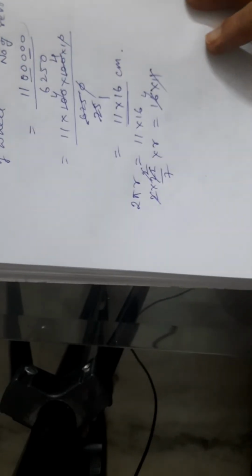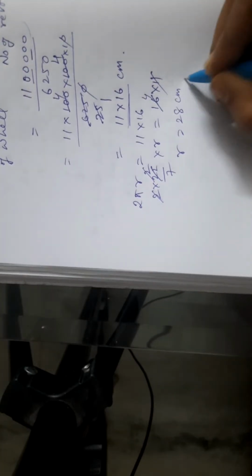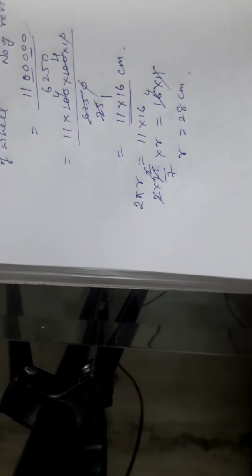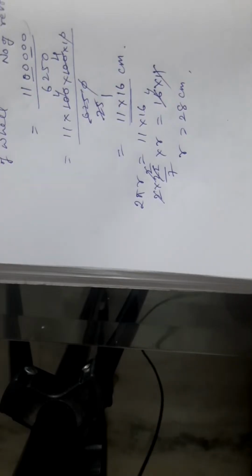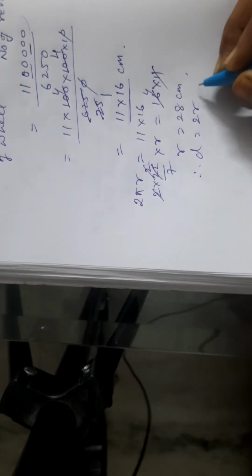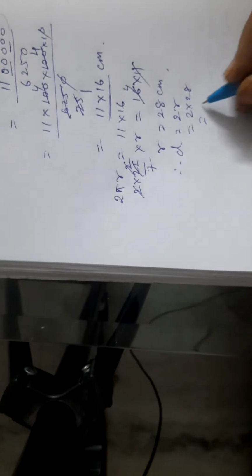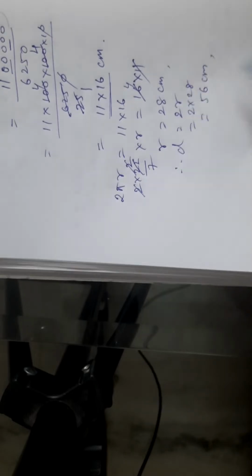So finally radius is 7 4s are 28. We got the value of radius. In the question it was asked what is the diameter of the wheel. So therefore diameter is 2r. 2 multiplied by 28. So the final answer is 56 centimeter.